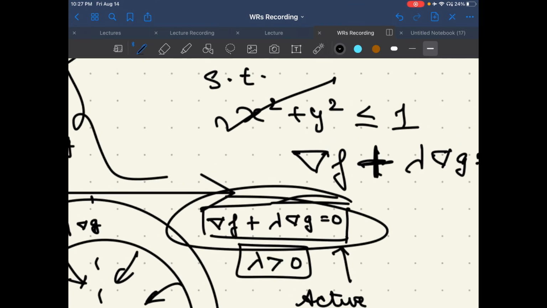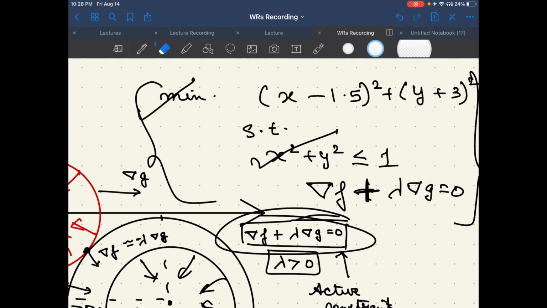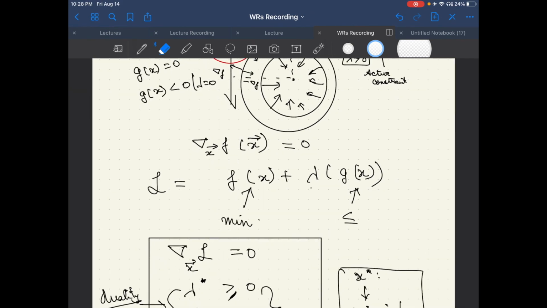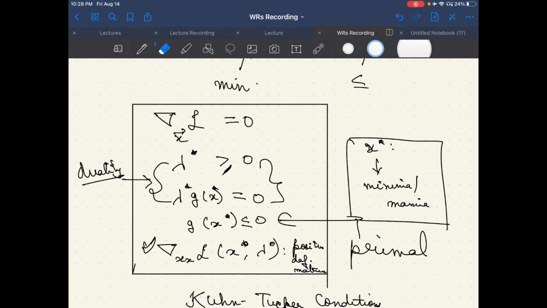Now, if we change the sign of any of this, let us say that I don't want to specify it as plus lambda g. I want to specify my Lagrangian as del f minus lambda del g equal to 0. Of course, you can do that, but then you have to make sure that you flip the sign of lambda.